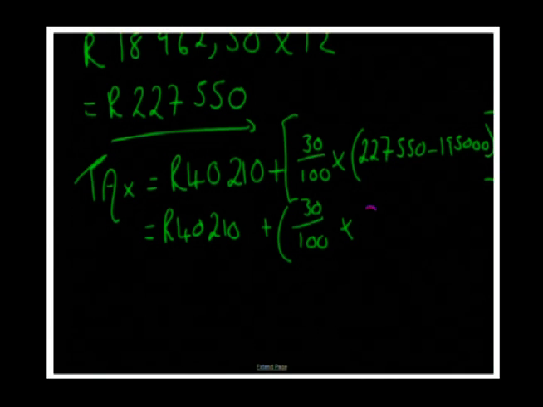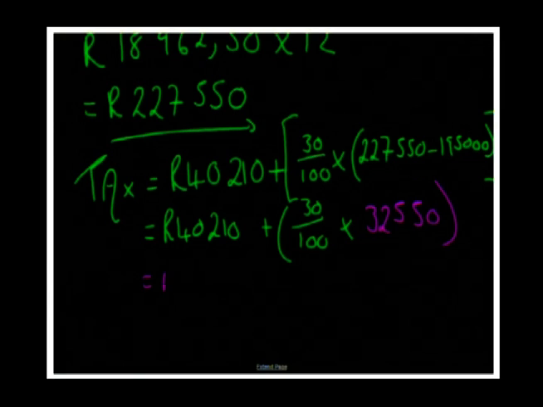So times 32,550. Okay. So not only am I being charged 40,000, but every Rand that I earn above 195,000 Rand, they take off 30 cents. 30%. 30 cents off every Rand. That's a horrific amount of money.